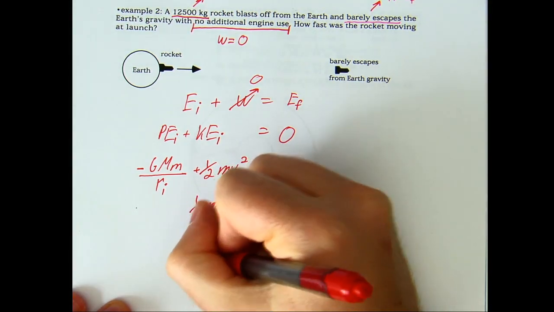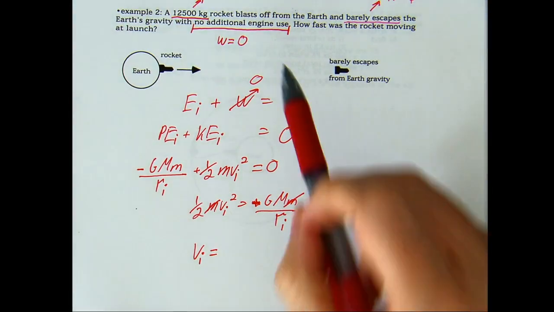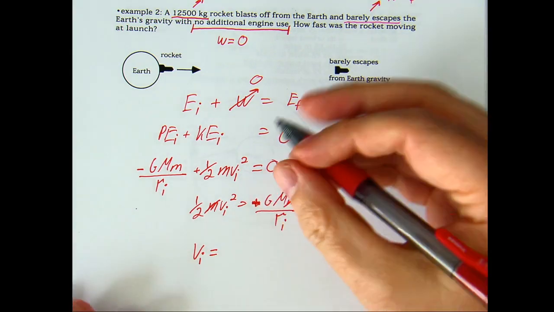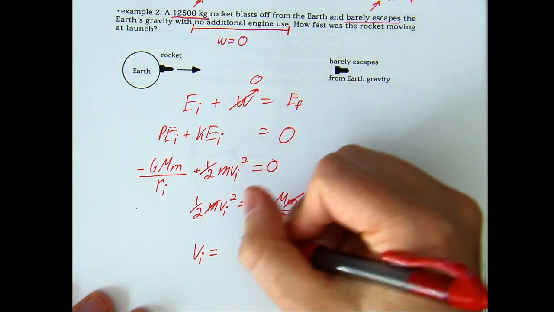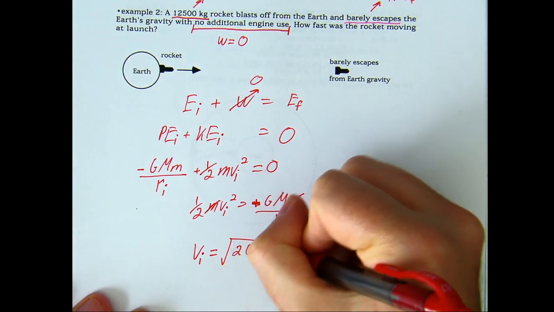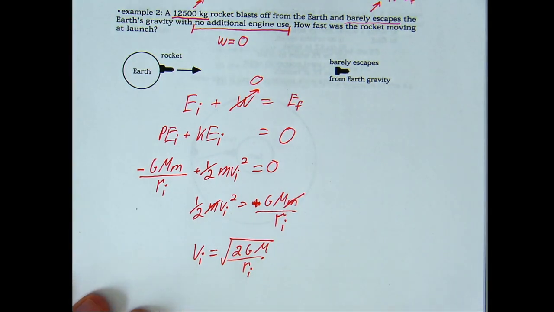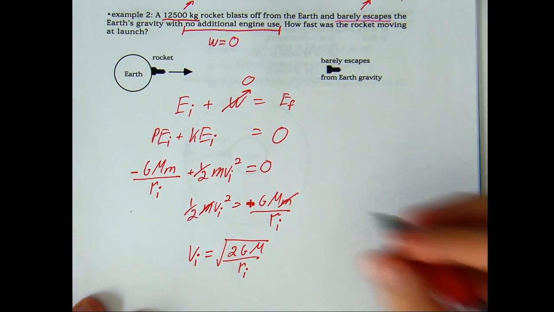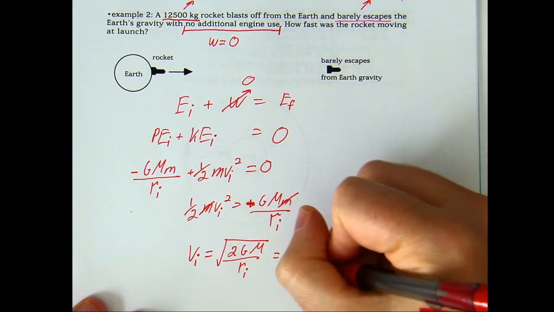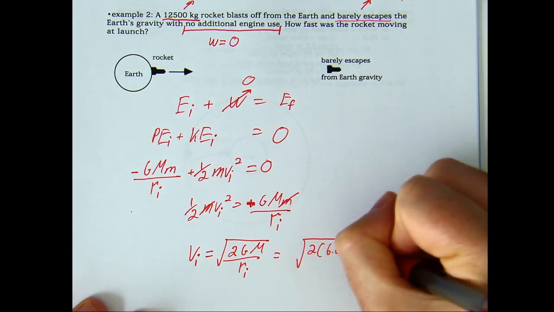So my initial velocity here required to effectively escape gravity, assuming no additional work is being done, is the square root of 2GM over the radius of our planet. So if we plug in some values here, we're going to get the square root of 2 times 6.67 times 10 to the negative 11.